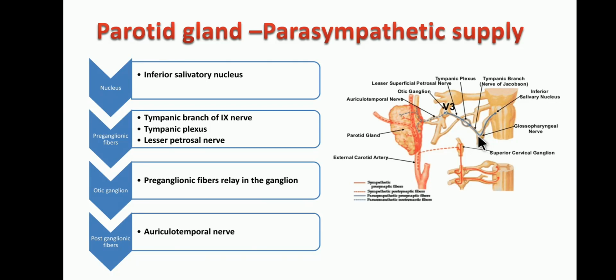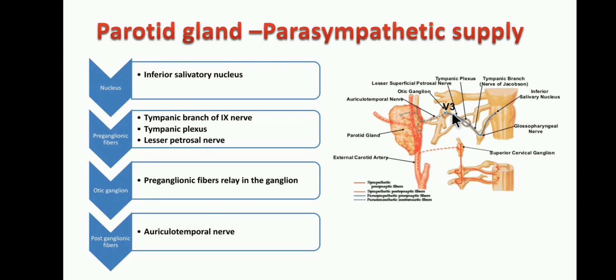From the inferior ganglion, it passes by the tympanic branch and takes part in the tympanic plexus, which is in the medial wall of the middle ear. Then, from the tympanic plexus, a branch emerges from the roof of the middle ear as the lesser petrosal nerve. This nerve comes out of the foramen ovale.